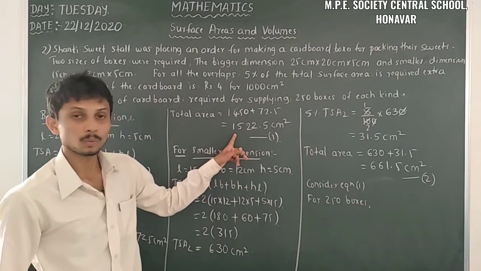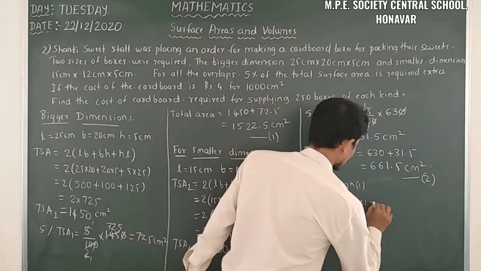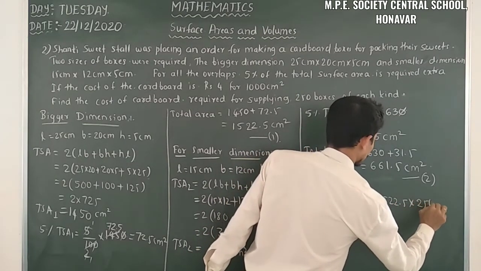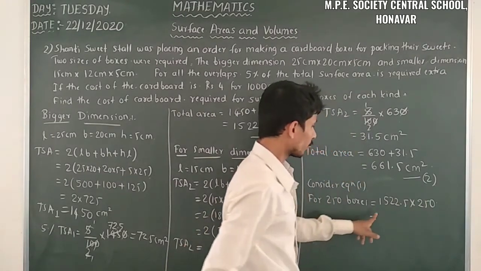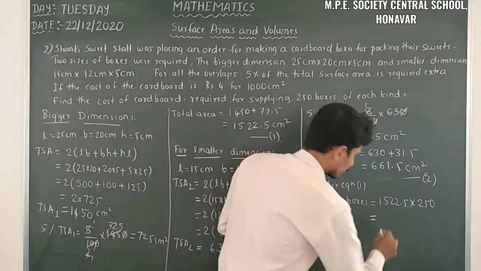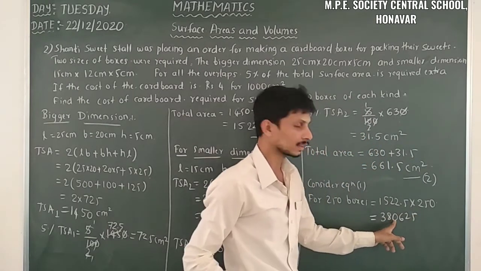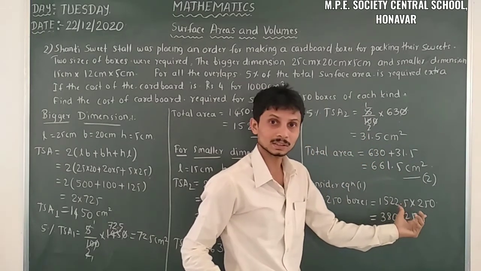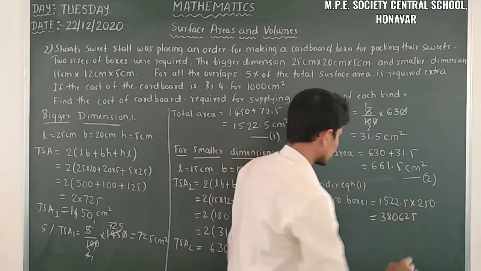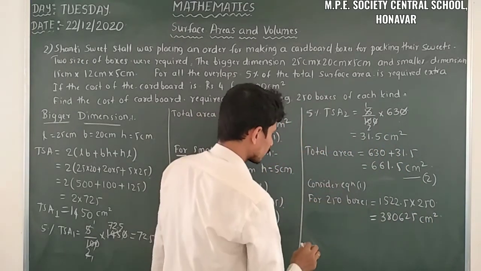Then what happens here? 1522.5 into 250 is equal to 3,80,625 centimeter square. When you take the multiplication of these two things, we get 3,80,625 centimeter square for this bigger dimension.